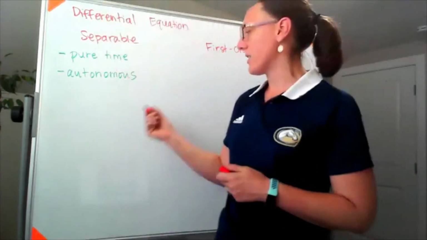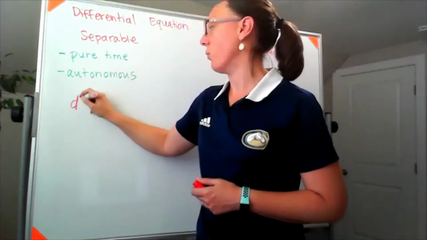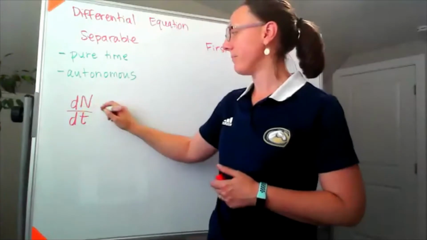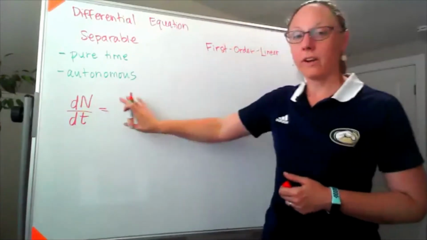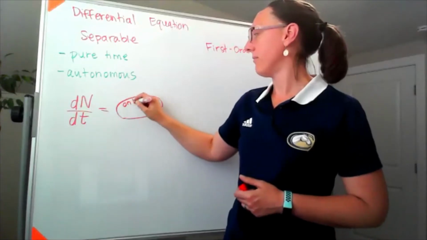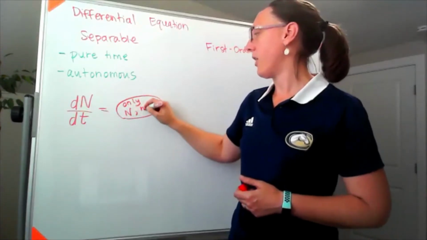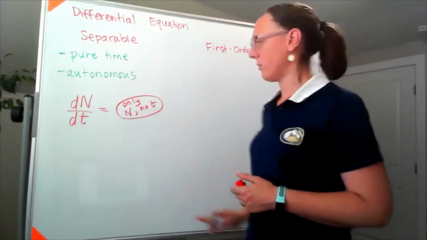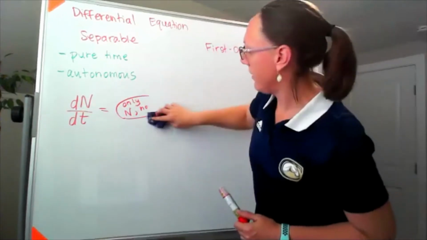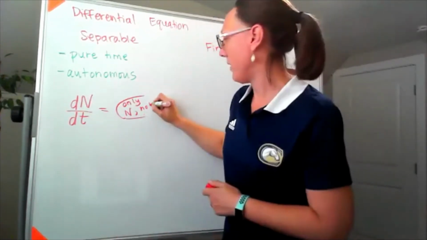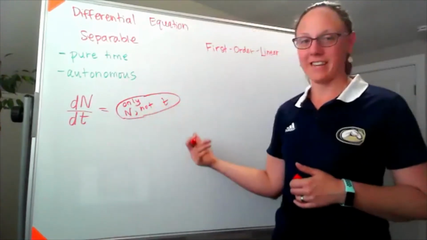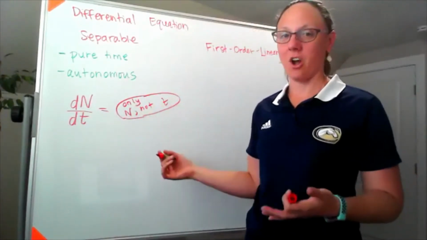So if I were to tell you that the differential equation was written as dN/dt, if what is on this side includes only N and no t's, if it includes only N and not t, then this is autonomous.